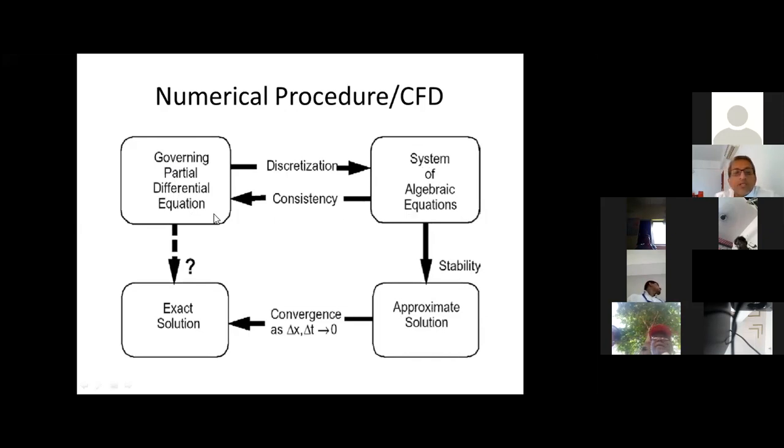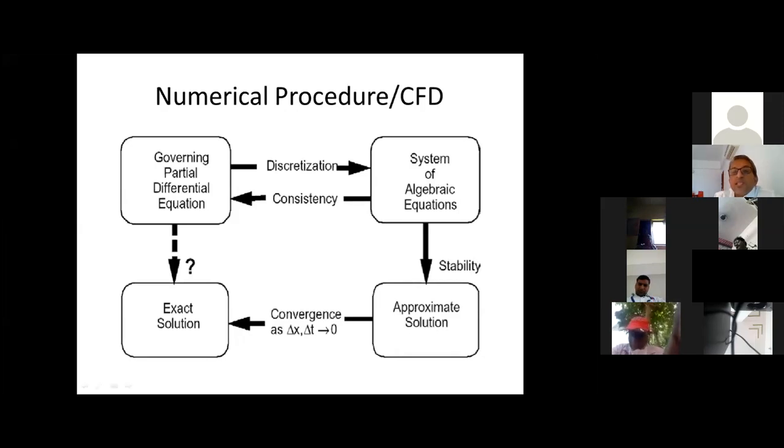That means it is not to be trusted in the sense that it is not 100% correct. So there are errors in this. There are so many errors: round off error, machine error, convergence error, time step error.